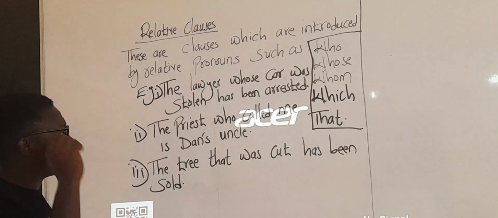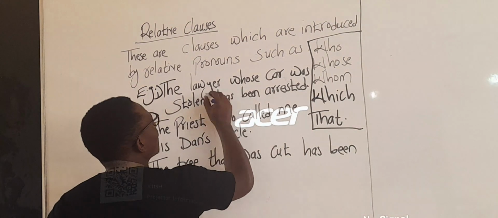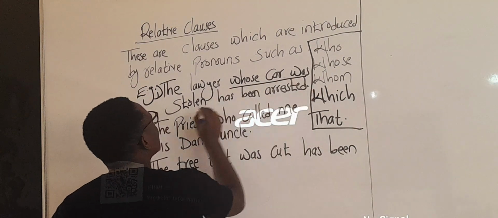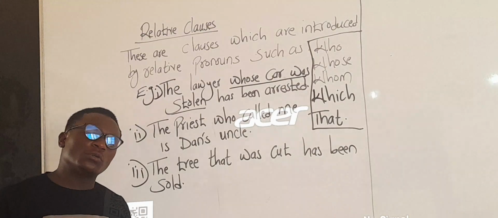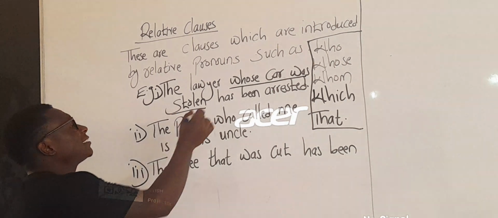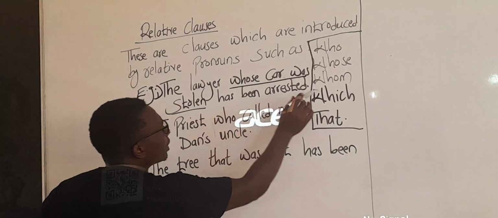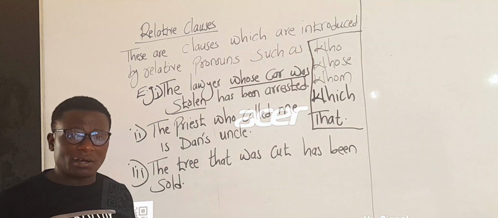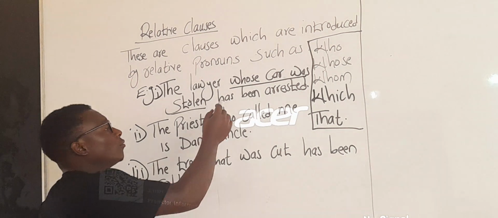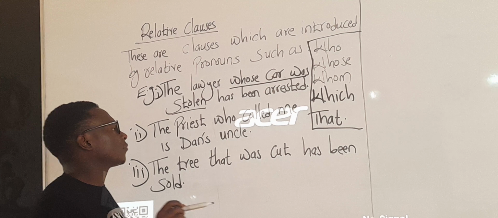So here, this part, "the lawyer whose car was stolen," is the part which functions as an adjective. That is the relative clause, because I can say the lawyer has been arrested. But which lawyer exactly are we talking about? The lawyer whose car was stolen. Good.